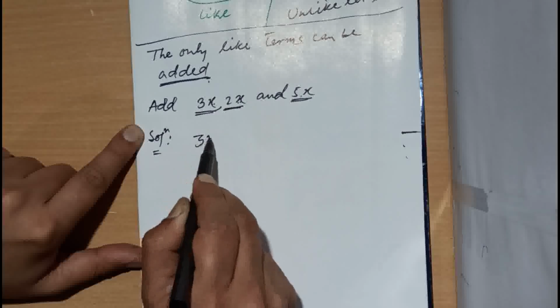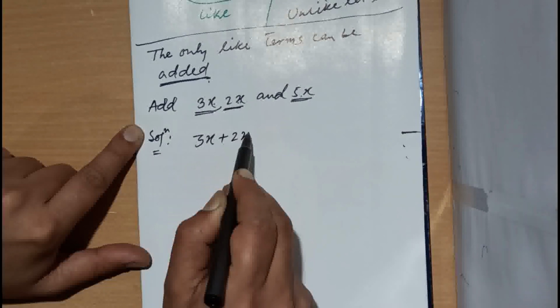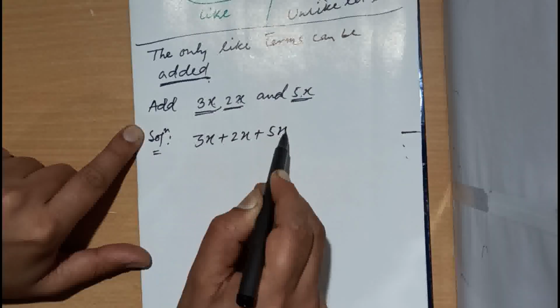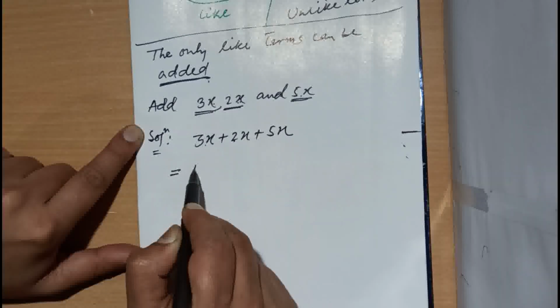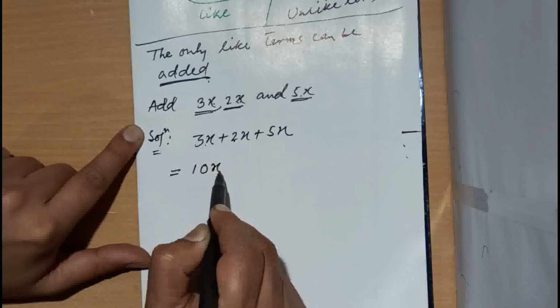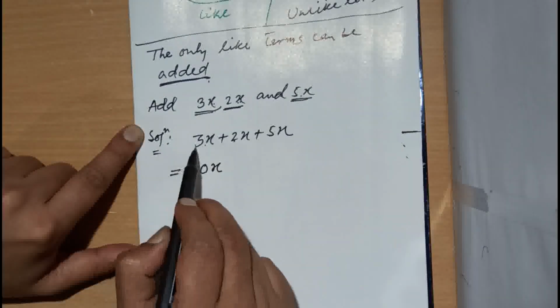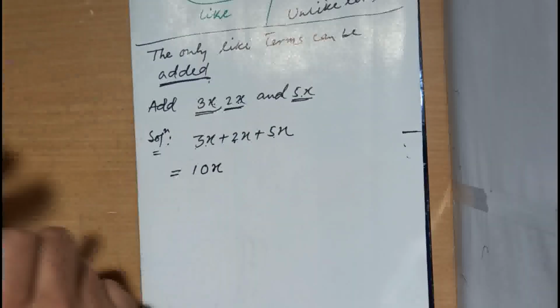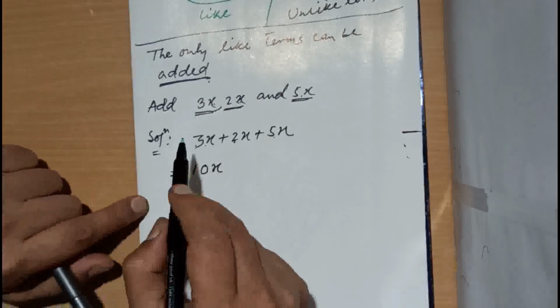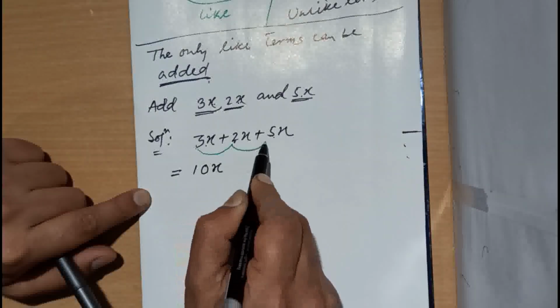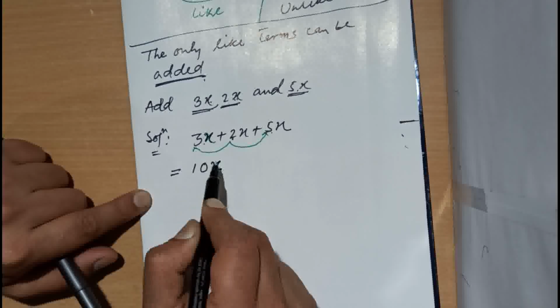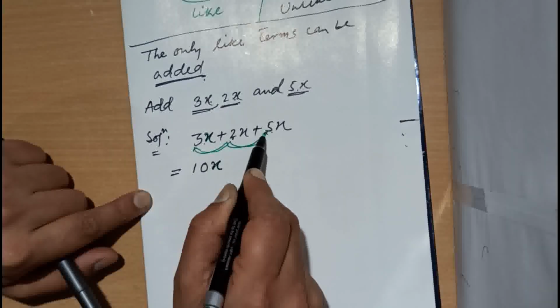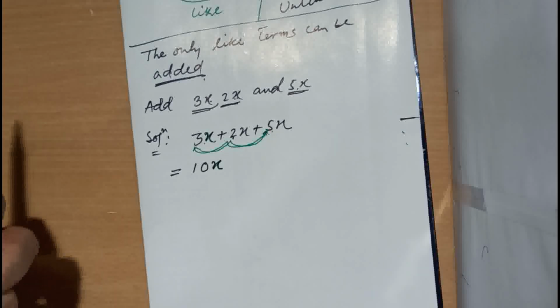So 3x plus 2x plus 5x. Now it is very simple. 3 plus 2 is 5, 5 plus 5, total is 10x. You will only add the numbers, not the x. The x you will just write at the end. Very easy.